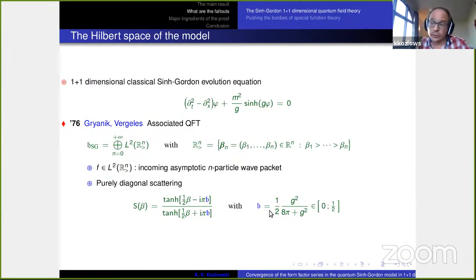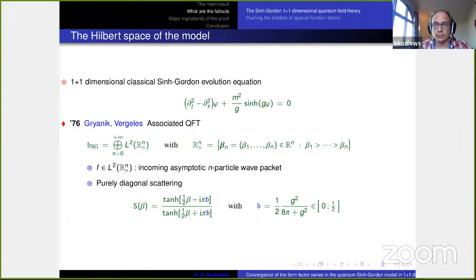So in particular, it has no poles in the physical rapidity strip located between imaginary part of β 0 and iπ. And the parameter b is some rewriting of the classical coupling constant g appearing in the classical evolution equation.